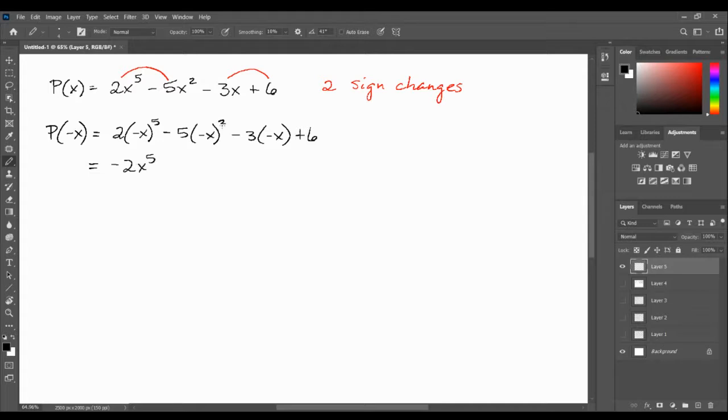Negative raised to an even power is positive, so we would have negative 5x squared plus 3x plus 6. Sign changes here, goes from negative to negative, so that doesn't change. So positive is a change and stays positive. So we have one sign change.